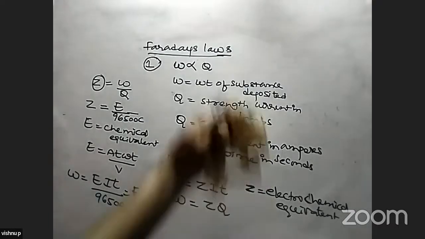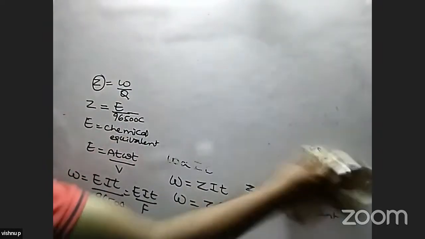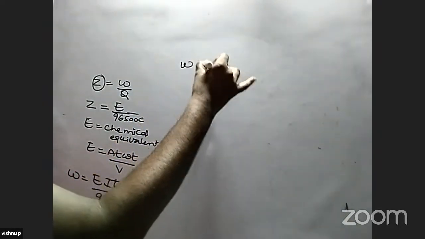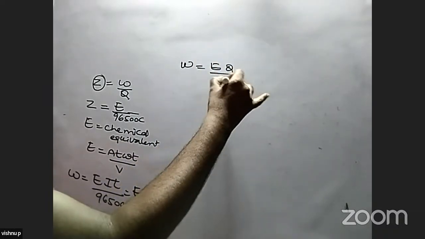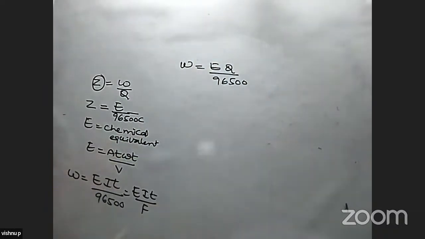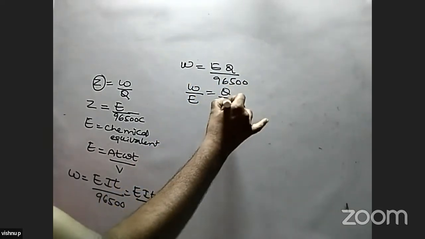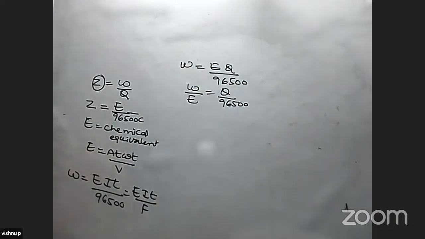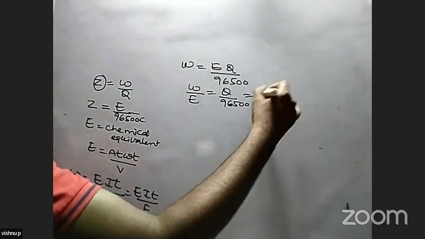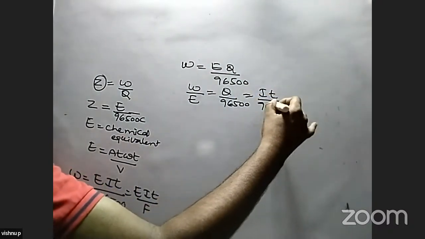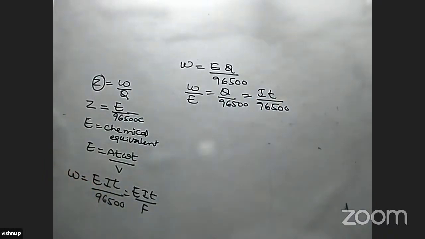Or we write here one more formula. W by E is equal to Q by 96,500 coulombs, that is, weight by equivalent weight is equal to Q by 96,500 coulombs. That is equal to I T by 96,500 coulombs.